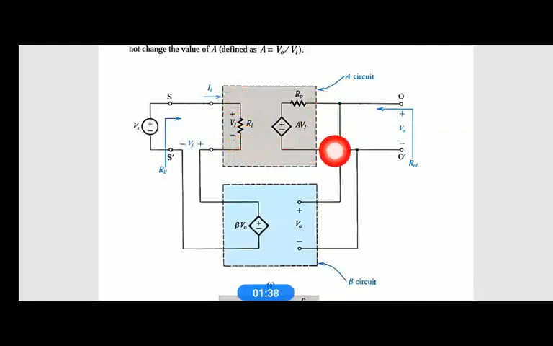And if you see the output network, looking from the output side for the open loop amplifier, it consists of a voltage controlled current source in series with the resistor R0.